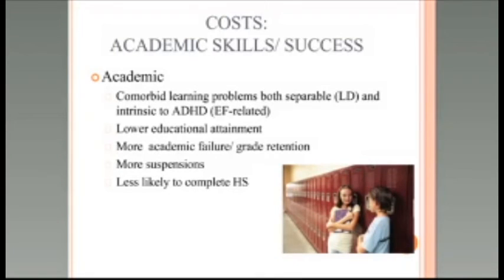They're more likely to have lower educational attainment, to be retained in grade or have more academic failure, to have more suspensions, particularly in high school, and they're less likely, therefore, to complete high school.